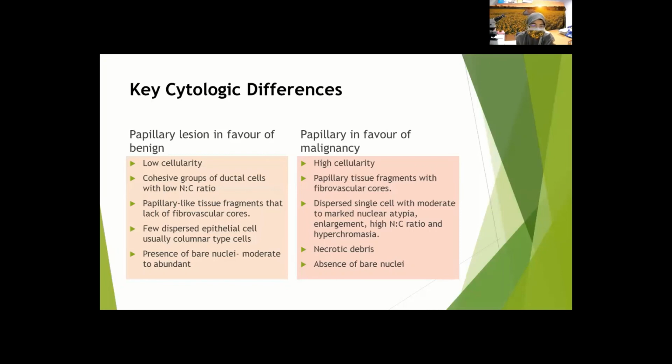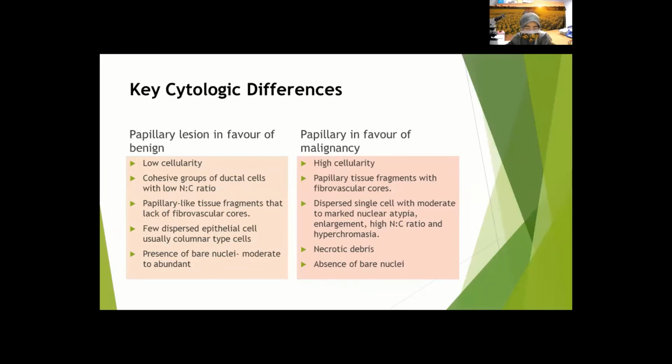The groups of ductal cells are still cohesive with a low NC ratio, and the papillary-like tissue fragments lack a fibrovascular core as compared to the malignant type. Dispersed epithelial cells may also be seen in benign papillary lesions, but usually of columnar cell type, and bare nuclei should be present, moderate to abundant.